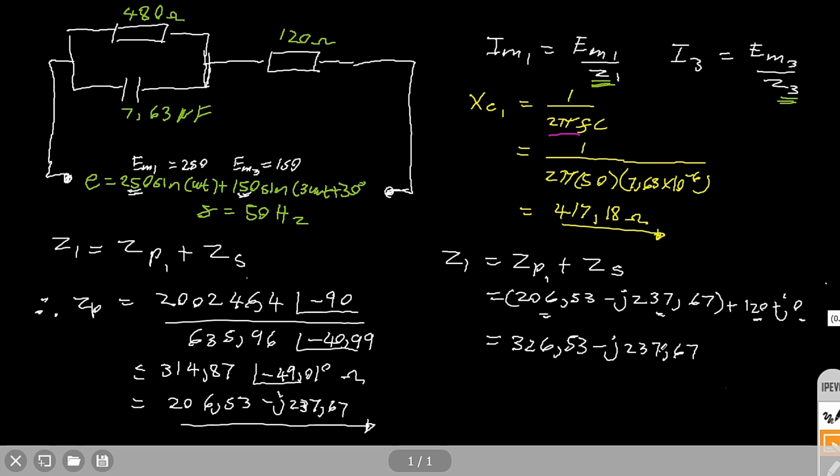This is in ohms. If you convert it into polar form, you will get 403.87 at an angle of negative 36.05 ohms. So this is our Z1, guys. This is how you're supposed to calculate our Z1.